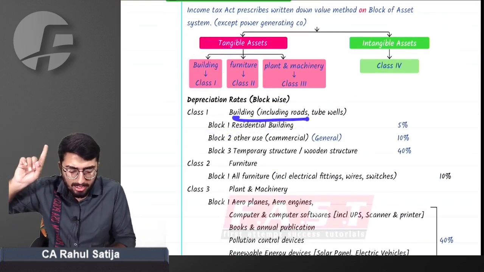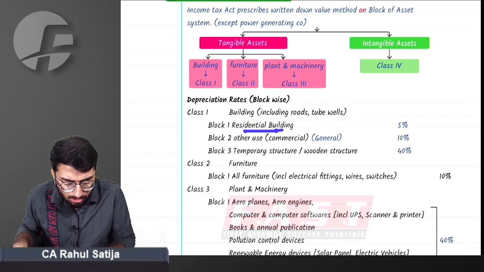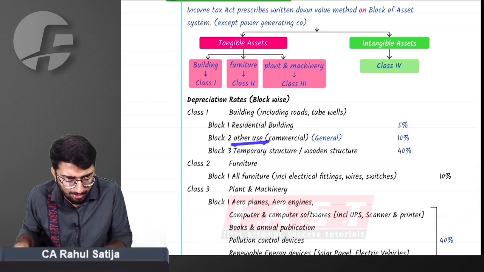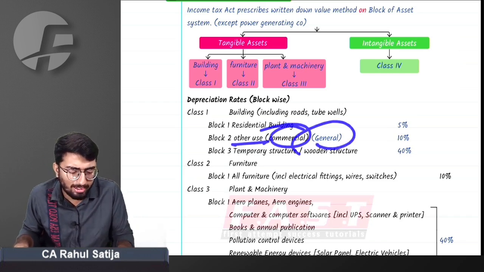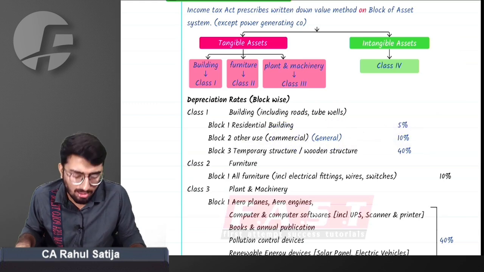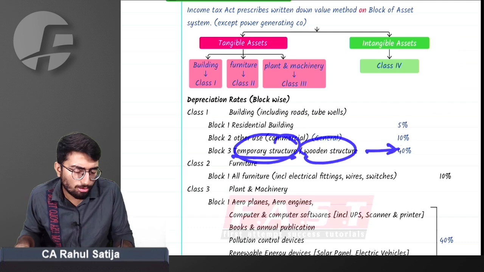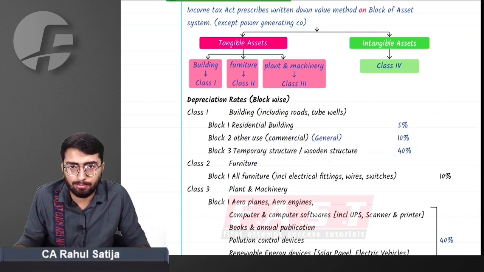For example, class 1 building includes a residential building, which will be chargeable at 5%. Other buildings, for example, a commercial or general building, will be chargeable at 10% depreciation. And a temporary structure or wooden structure will be chargeable at 40% depreciation.